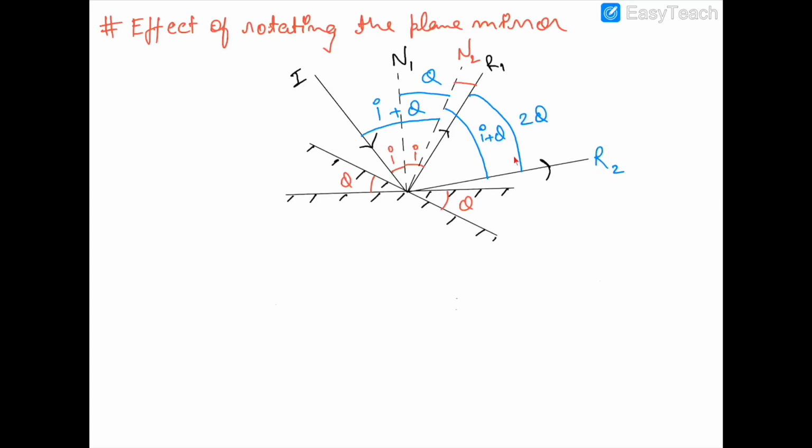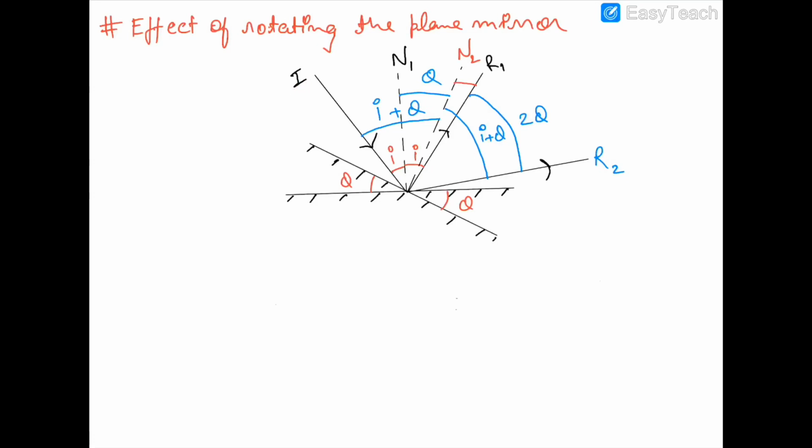So this angle will be equal to I plus theta minus I minus theta, and that will be equal to 2 theta. The conclusion in this example is that if the mirror has been rotated by an angle theta in the clockwise sense, then the reflected ray is also rotating in the same sense by twice the angle, 2 theta, although we have kept the incident ray fixed.